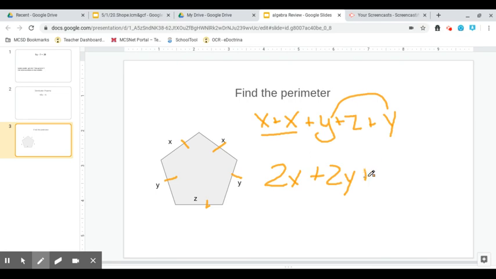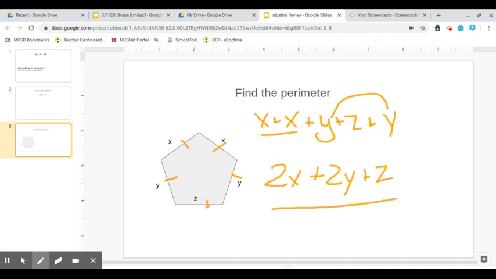Then I have a z. So the perimeter of this is 2x plus 2y plus z. That's all you can do. You can't go any farther unless someone gives you what x, y, and z are. If someone tells you what those letters stand for to substitute in, you're able to take this problem a little bit farther. But as of now, that's all you can do.